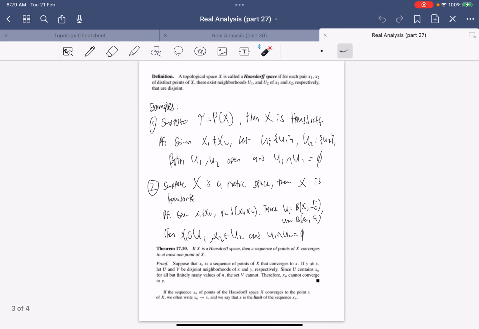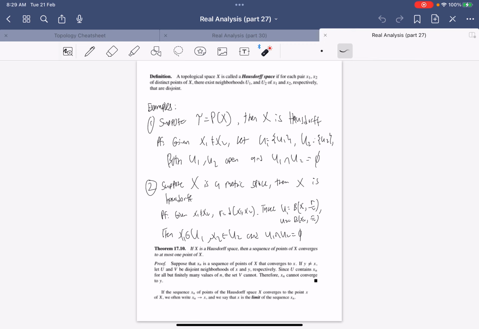And so this causes a bit of confusion to many mathematicians. And so we need a property to ensure that the limit of a sequence is unique. And this property is known as the Hausdorff property, or more like when you say that a topological space is called a Hausdorff space, if for every pair x1, x2 that are distinct, there will exist open neighborhoods u1, u2 that are disjoint.